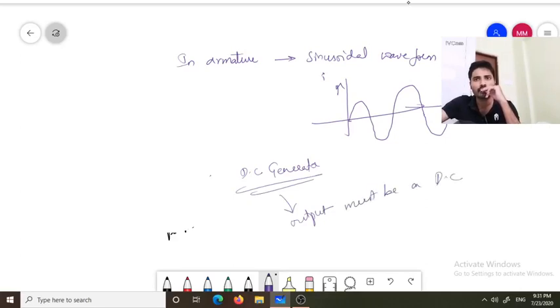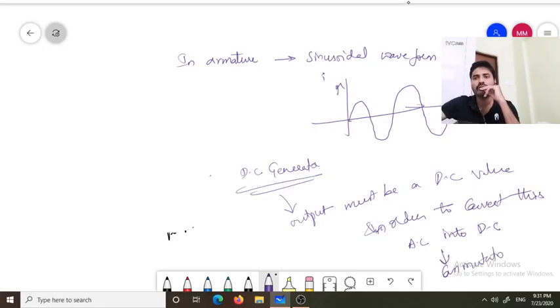In order to convert this AC value to a DC, we are using a commutator.